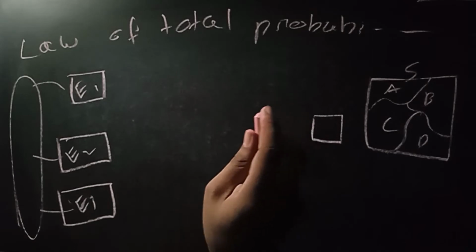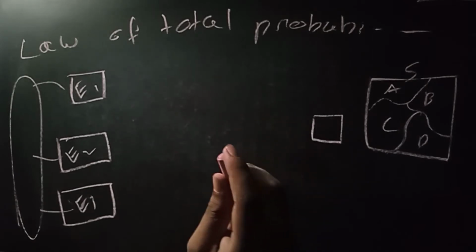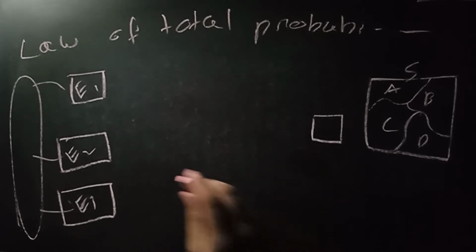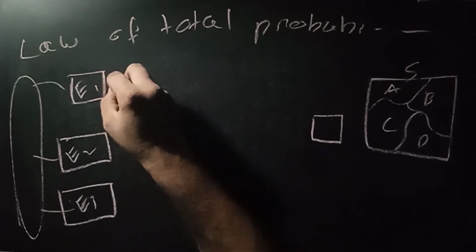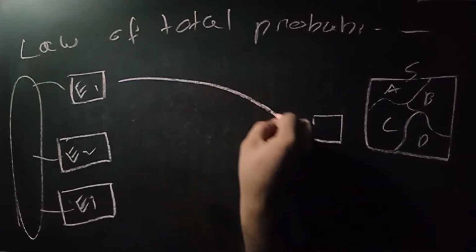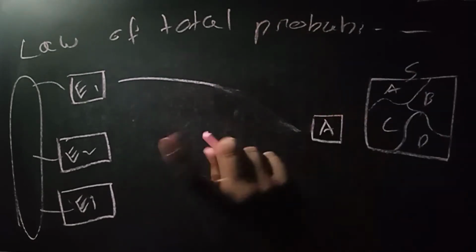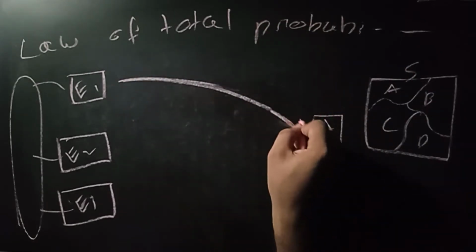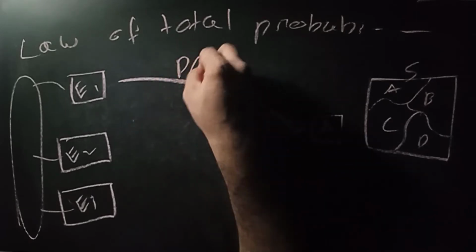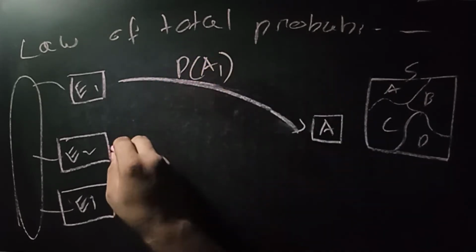So basically, in event 1 there is a probability of A, and we need the probability of A happening in total. So in E1 there is a probability of A happening, P of A1.